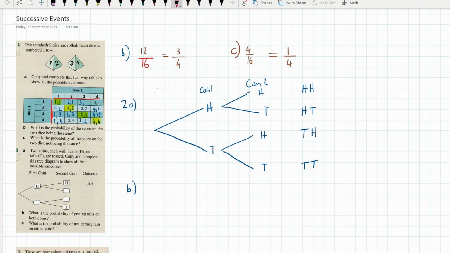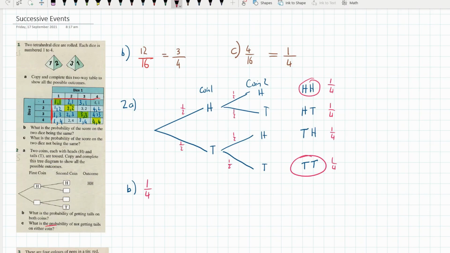Well, assuming that these are all 50% chances, this is a half chance here, this is a half chance here, half chance, etc. You can see that each of these is a 1/4 chance. There's 4 options and they're all equally probable. And you can see that the chance of getting tails on both coins is this one here. So we can say it's 1/4.